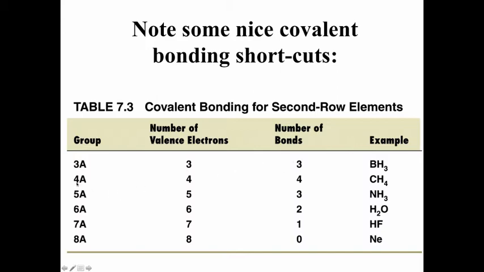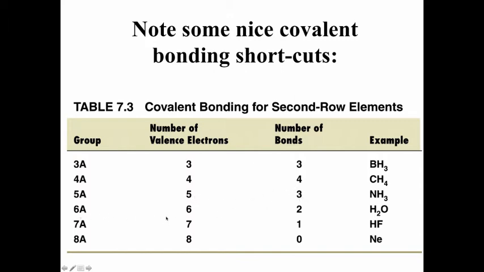Atoms in group 14 or 4A, that's the carbon series, have 4 valence electrons and tend to form 4 bonds. And then elements in the 5A or 15 group have 5 valence electrons, so 2 of them are already paired, and there's only 3 valence electrons that are unpaired, so it tends to make 3 bonds.